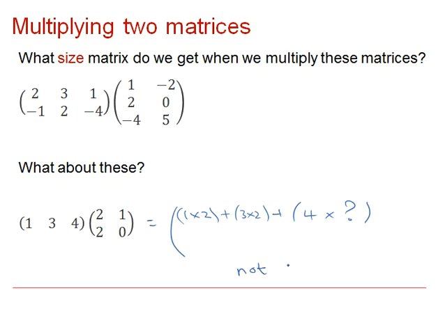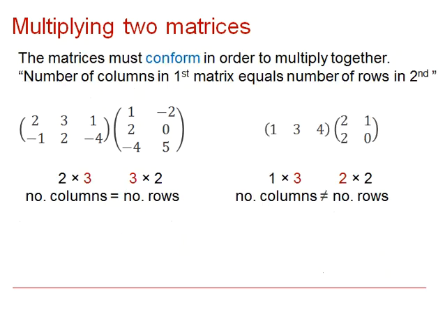Those matrices are not conformable as far as multiplication goes. So if the number of columns in the first matrix is equal to the number of rows in the second matrix, then we can say the matrices are conformable with respect to multiplication. However, in that second example, that was not the case.